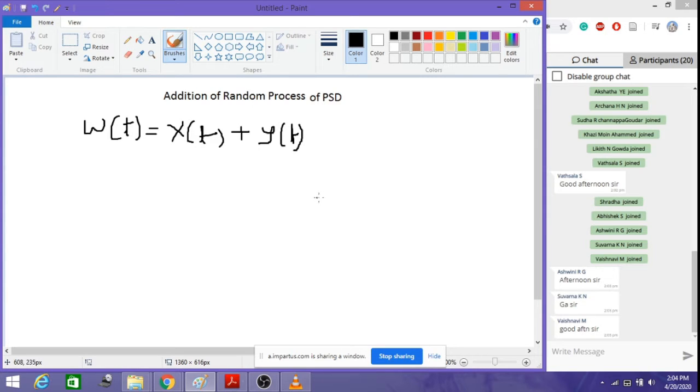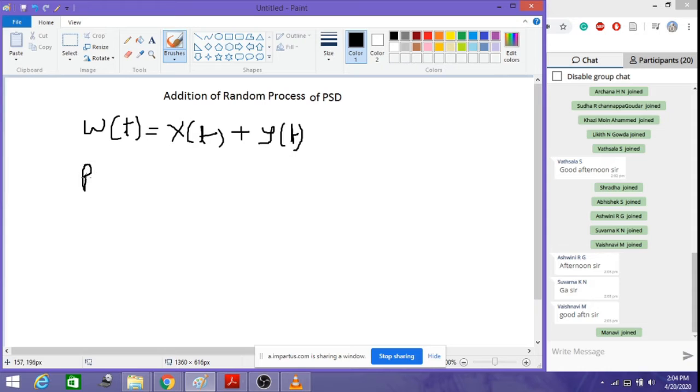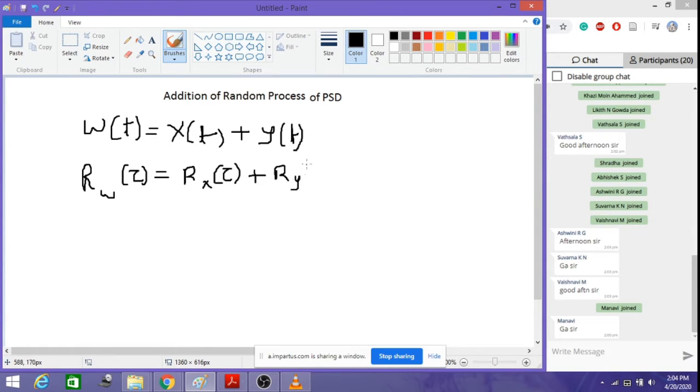In terms of its autocorrelation function, if the mean of x of t and y of t is 0, then its autocorrelation function, as we have already seen in the previous tutorial, can be written as Rw of tau is equal to Rx of tau plus Ry of tau. We can obtain this by substituting and taking the expectation on both sides.